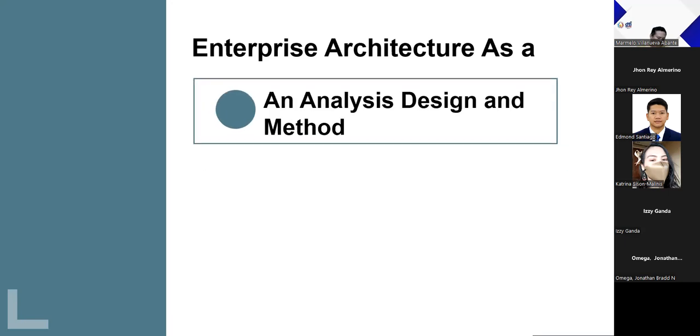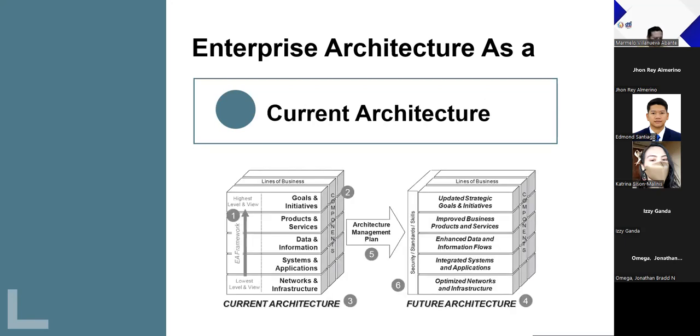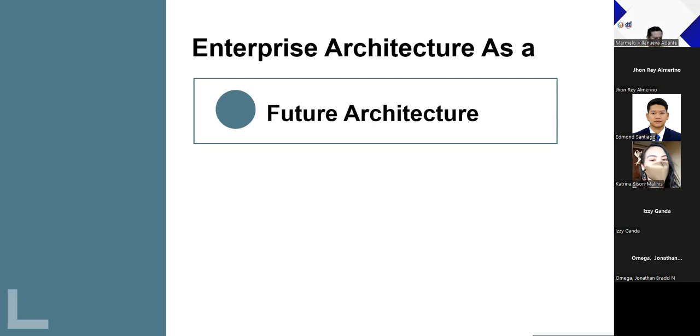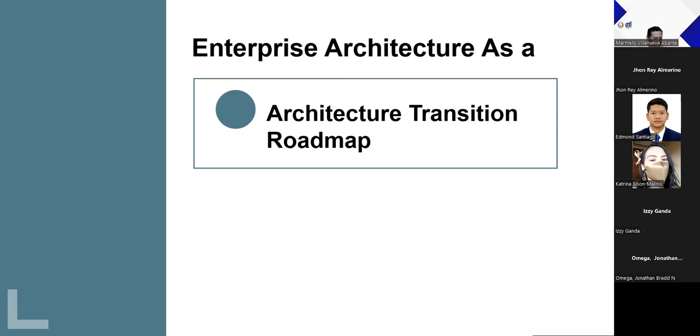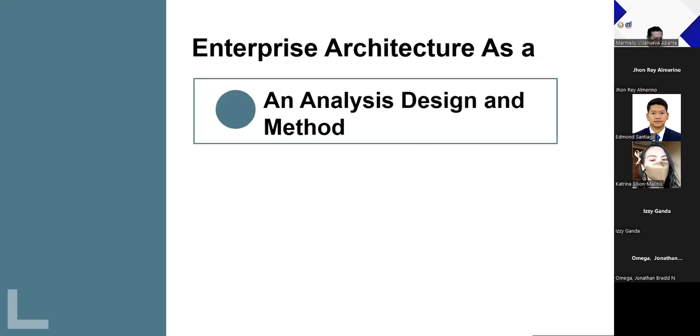So, on the other hand, the enterprise architecture can also be described as an analysis, design, and method, which consists of framework, architecture components, current architecture, future architecture, architecture transition roadmap, and architecture trends.